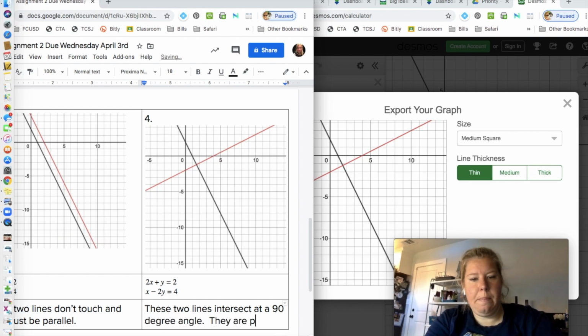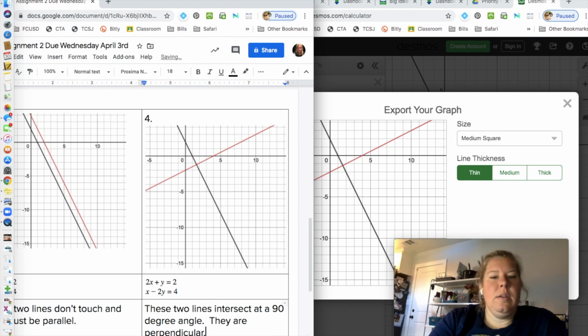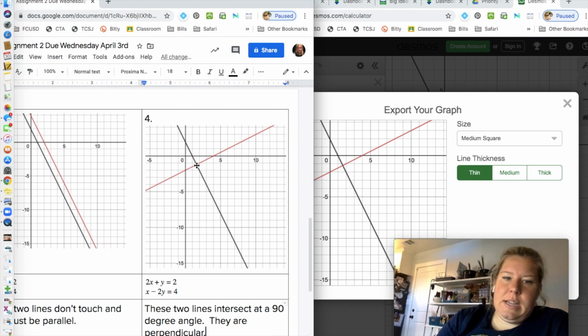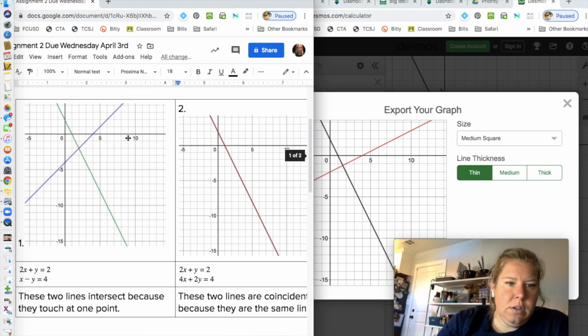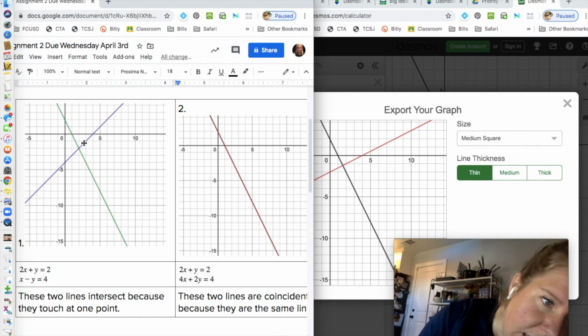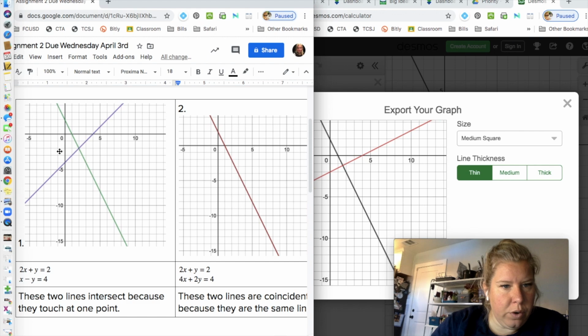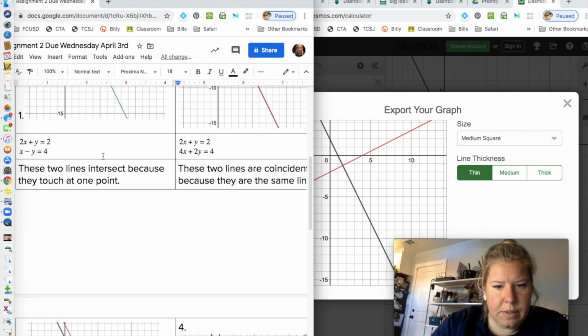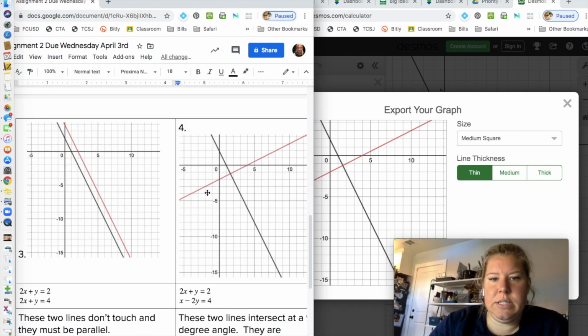They are perpendicular, because these lines intersect at a very specific angle. See these guys over here? Not 90 degrees. Pretty close, but not 90 degrees. It's closer to 80, and 140 is over here. These guys are at exactly 90.